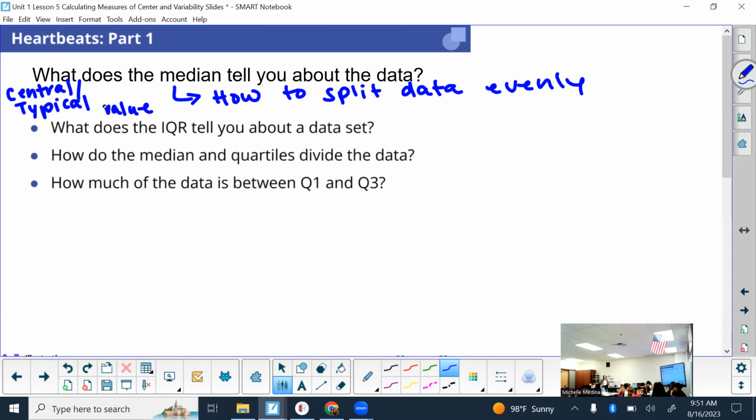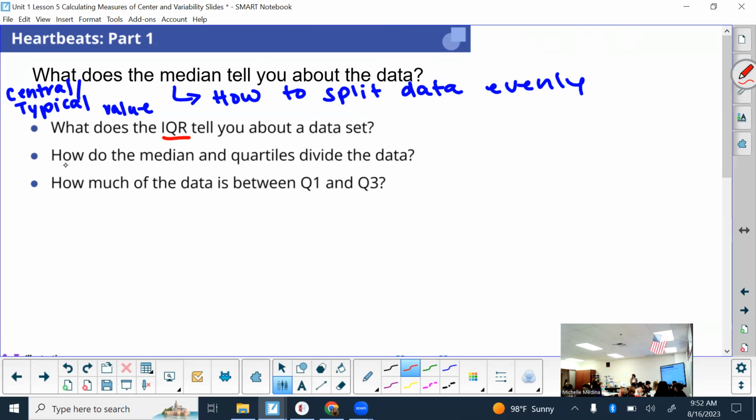Good. Table 3. What does IQR tell us about a data set? Can you tell me if it's a measure of center or a measure of variability?